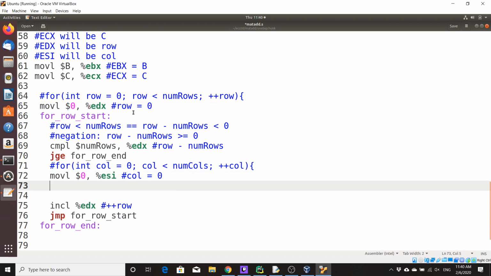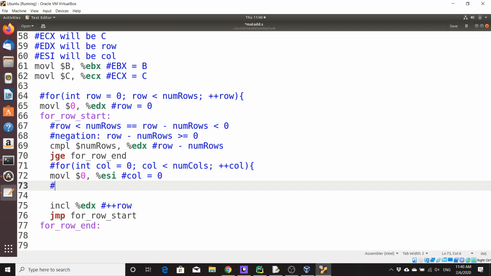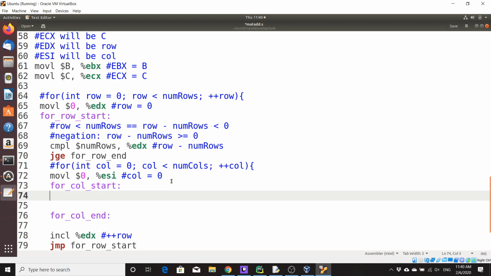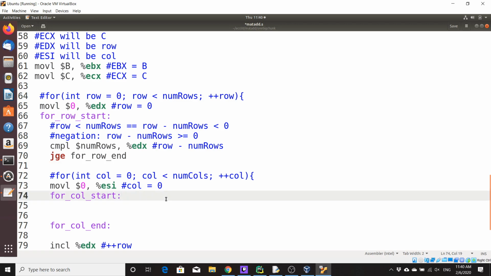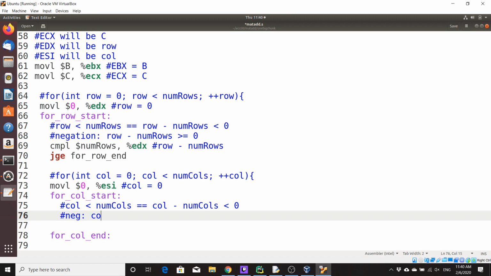Now, if we go inside here, our comparison has to be against 0, but it's not. So this guy, oh, we actually have our for call start. And then down here we'll have our for call end. Right, which this is going to be equal to call minus num calls less than 0, and its negation is call minus num calls greater than or equal to 0.